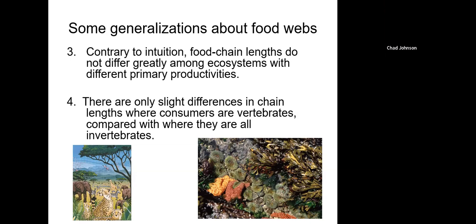Number 4, there are only slight differences in chain lengths where consumers are vertebrates compared with where they are all invertebrates. What does that mean? There are only slight differences in chain lengths, chain lengths again being how many links in the food web, where consumers are vertebrates.